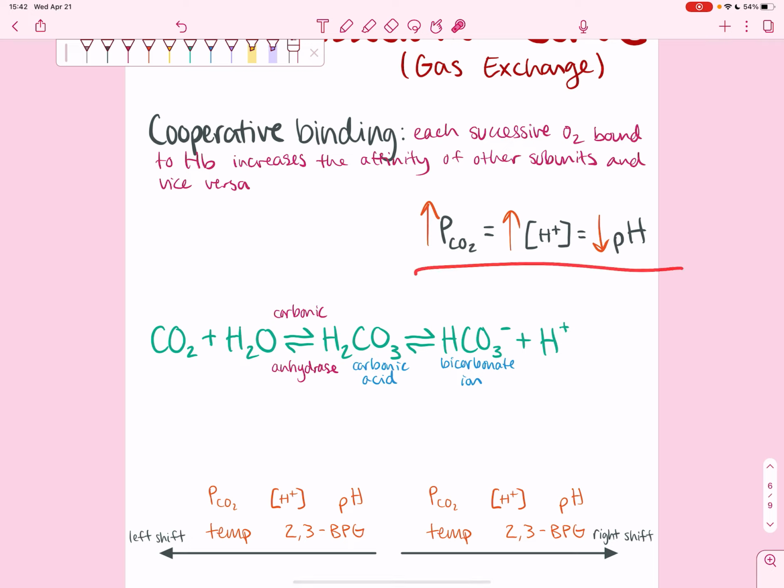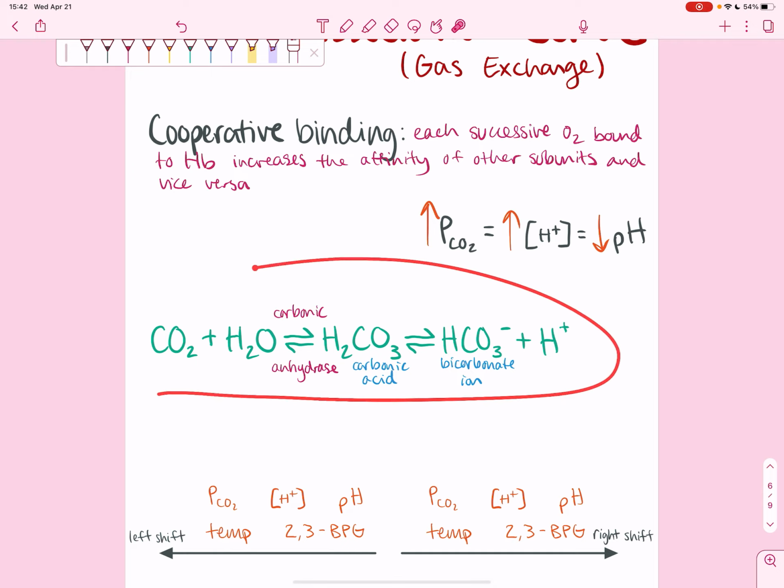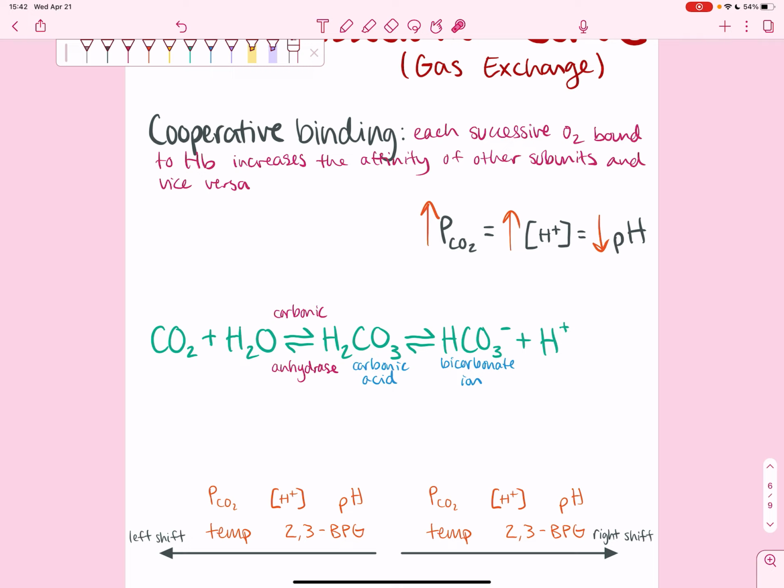To come back to this, why does the partial pressure of carbon dioxide have anything to do with how much hydrogen is in the blood? Well, it all has to do with this equation right here. If carbon dioxide goes up, then we go all the way down through this equation, and this goes up, because carbon dioxide isn't really soluble in the blood.